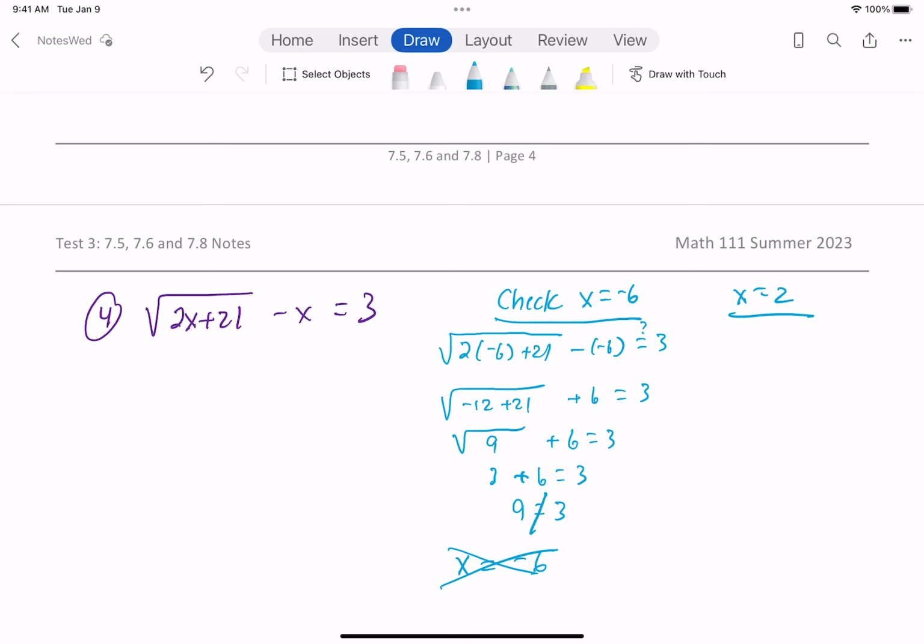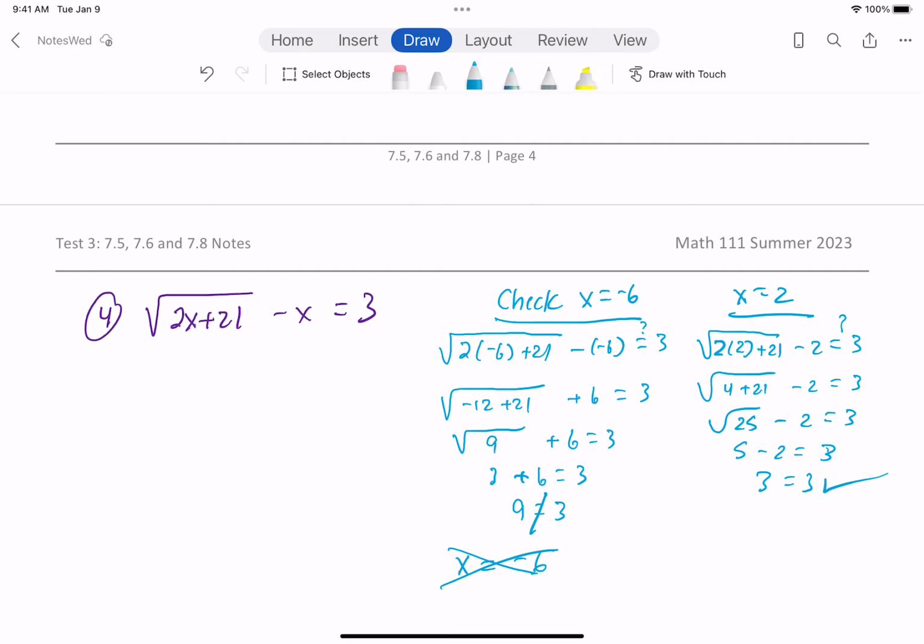So let's see about x equals 2. If I replace x with 2 in both places, we get 4 plus 21. And this gives me 5 minus 2. And I do get 3 equals 3.